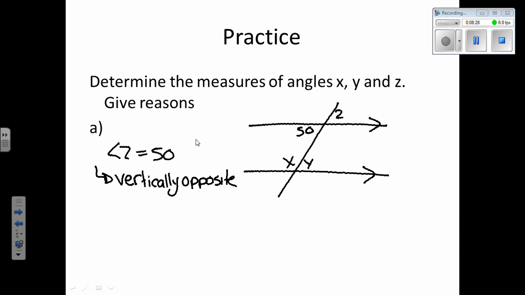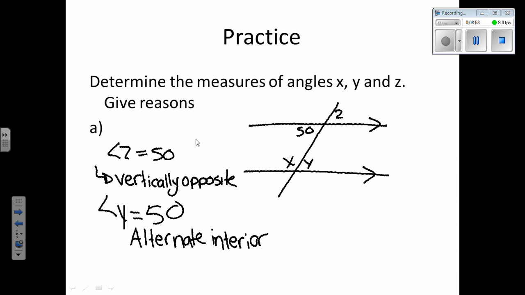So the angles are equal. I can make all of these assumptions because I know those lines are parallel due to the arrows.